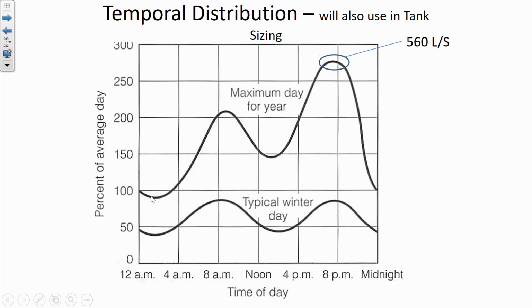So in other words, by following this curve and then using the units on this vertical axis, it's a linear unit scale, then as long as you know the flow rate at the peak, then you can find the flow rate through the entire day. And this is a temporal distribution, which is just describing the variability over time. So that's on the homework.